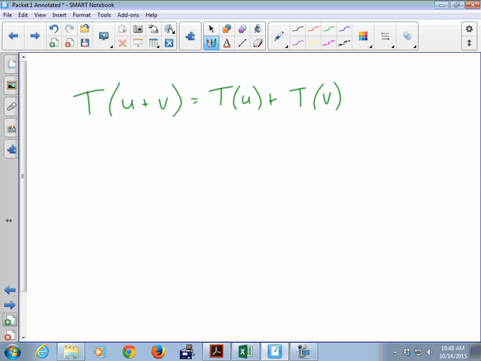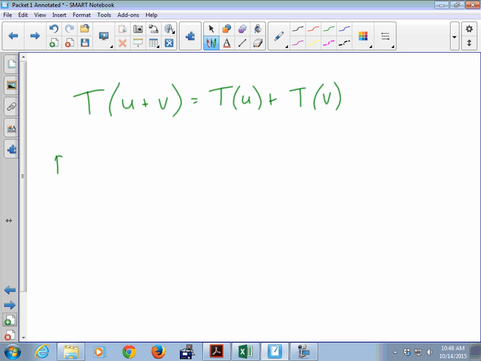So let's talk about a translation that moves things 3 to the right. Let's pick 2 points, 1, 1 and 0, 4. Hold on, this is a bad example.